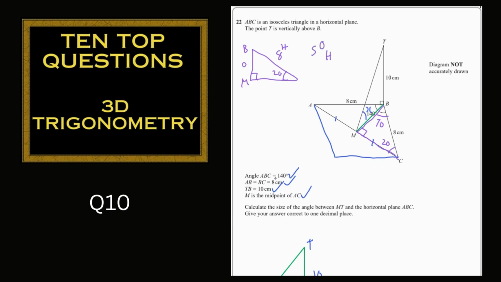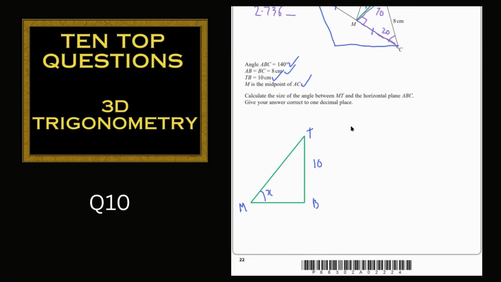To get the opposite, we need to do sine of our angle. Don't forget, if your calculator's a smart aleck, close the brackets before you multiply it by h. You should be getting 2.736-ish. And that's the info we require. We can take it forward, stick it on our diagram.